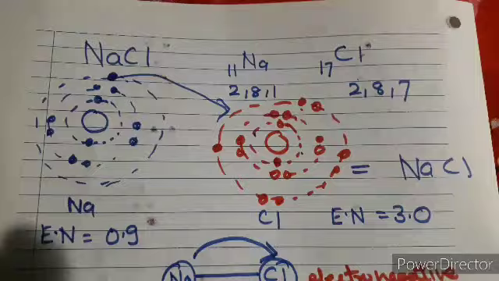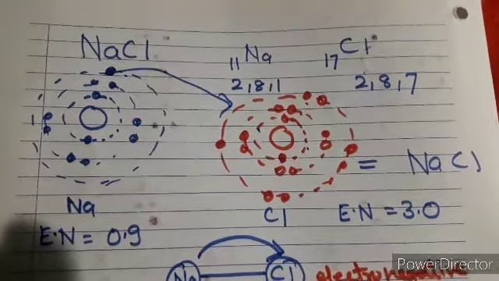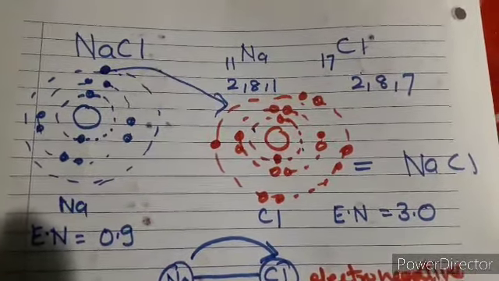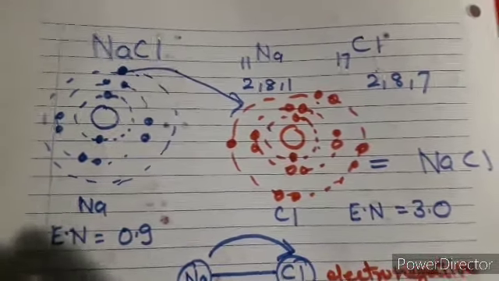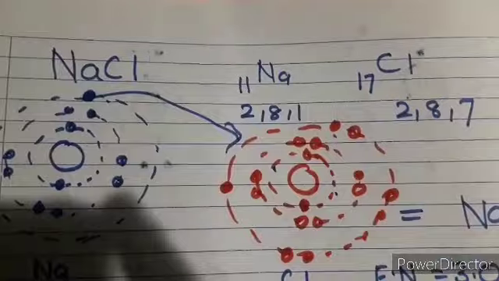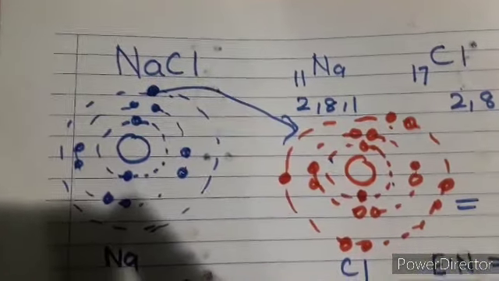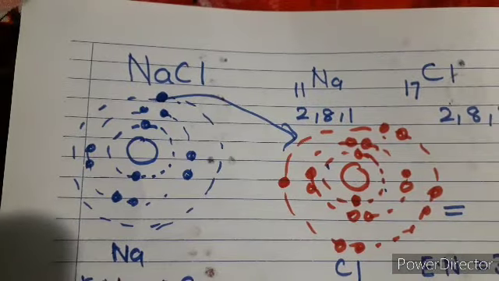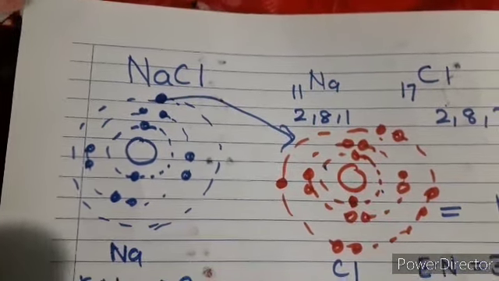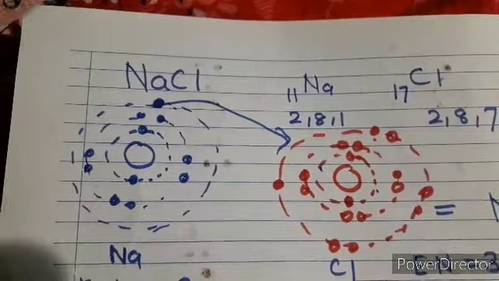Now we'll see what happens when the nuclear charge increases and what is the effect. I've made these diagrams earlier also, but over here we are not focusing on compound formation. We are just looking at the nuclear charge: the nuclear charge of Cl is more in comparison to Na.